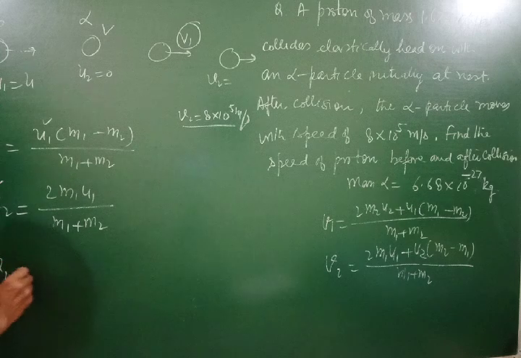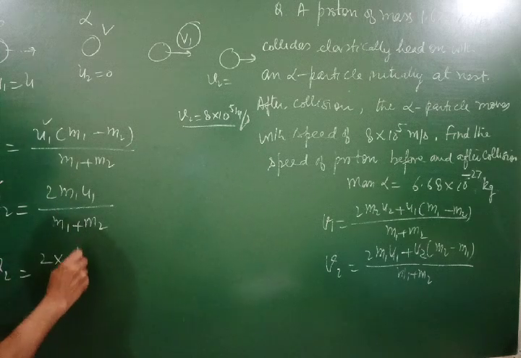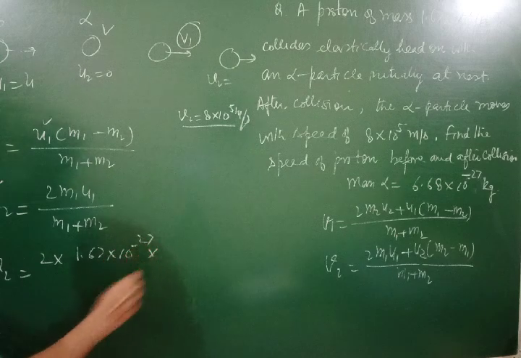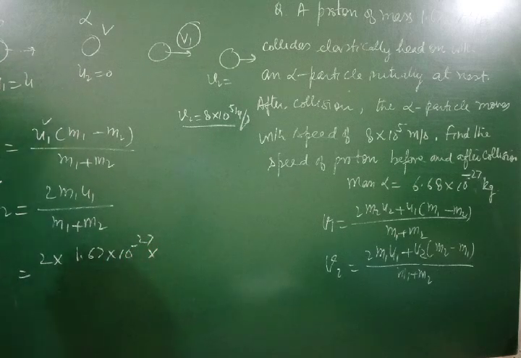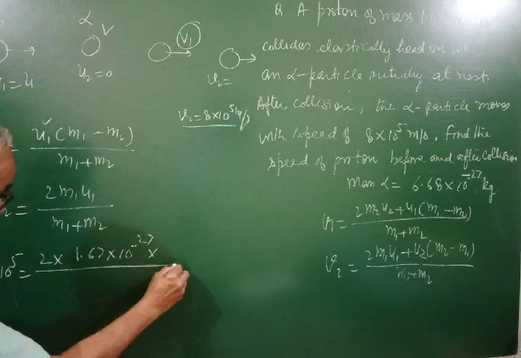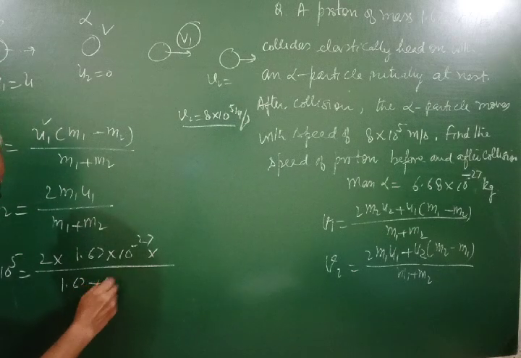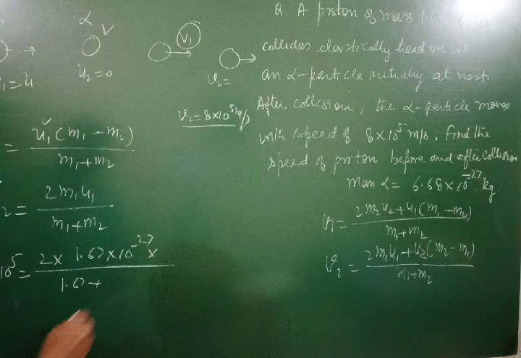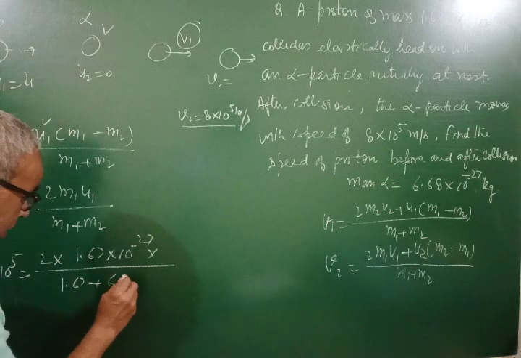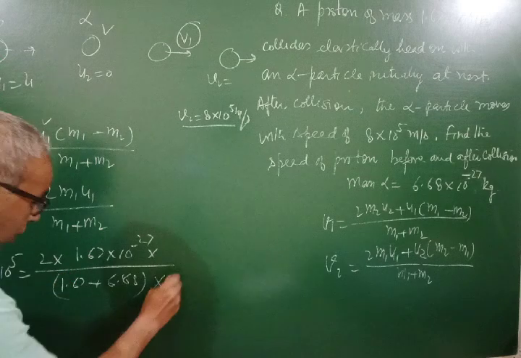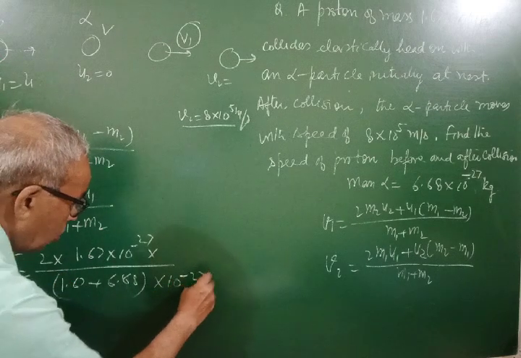So v2 comes out to be 2 times m1, 1.67 × 10^-27, and v2 is given as 8 × 10^5, upon 1.67 plus 6.68 (the mass of the alpha particle), times 10^-27.